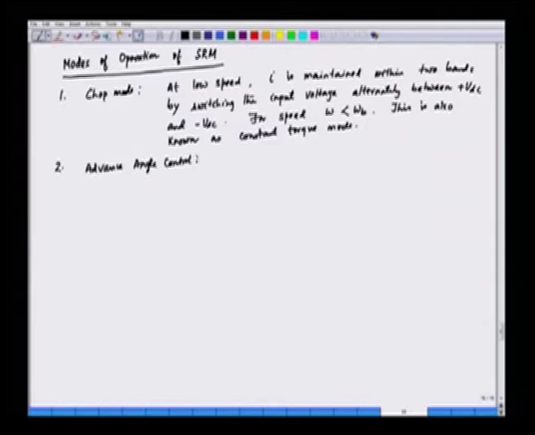I is controlled, I is not kept constant, T is also not kept constant, however, T omega is kept constant.